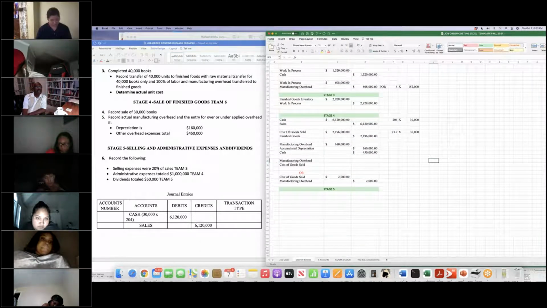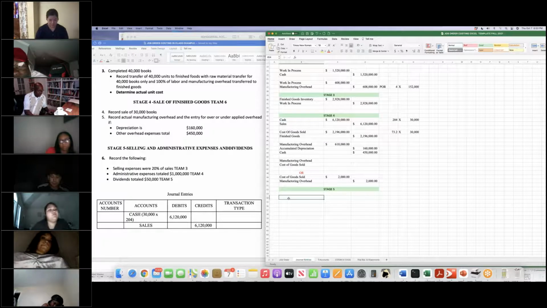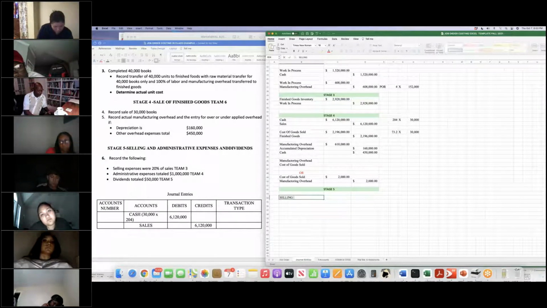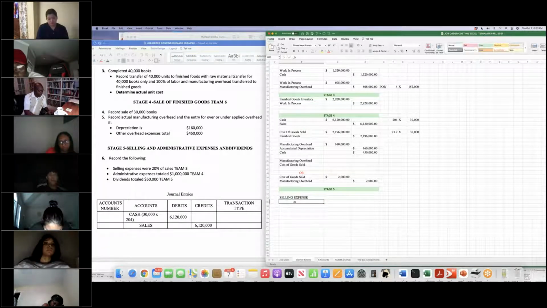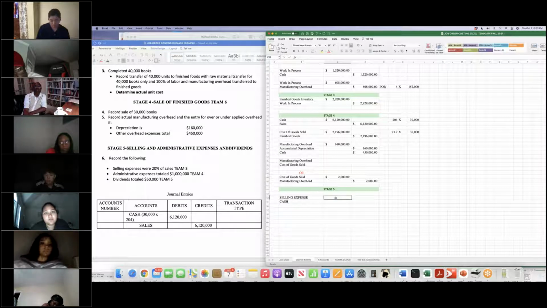Stage 5, record the selling expenses, 20% of sales. So we're simply going to debit selling expense and credit cash. 20% of sales. So how much were the sales? 6,120,000. So what's 20% of that?